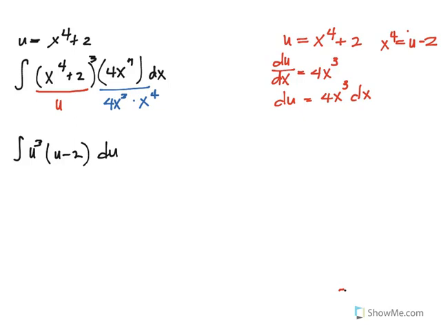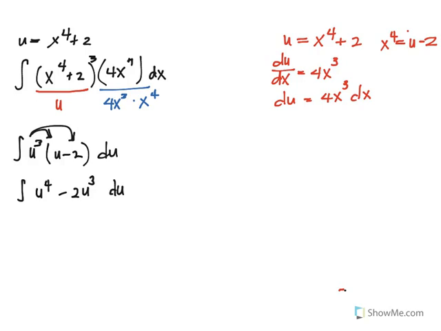Now that I have everything in terms of u, I can expand these parentheses by multiplying u cubed by u and then u cubed by negative 2 to give me the integral of u to the power 4 minus 2u cubed with respect to u. This is what I am going to be integrating.